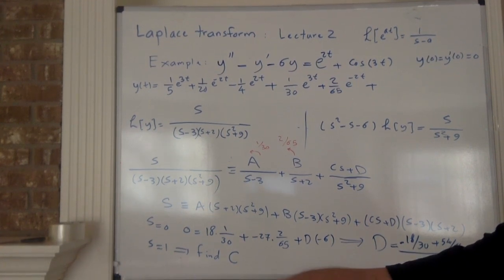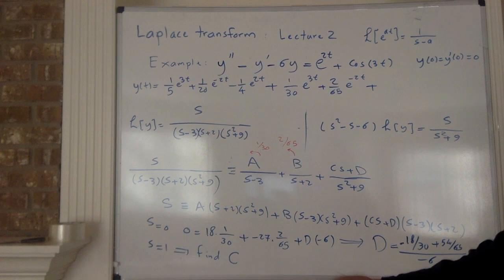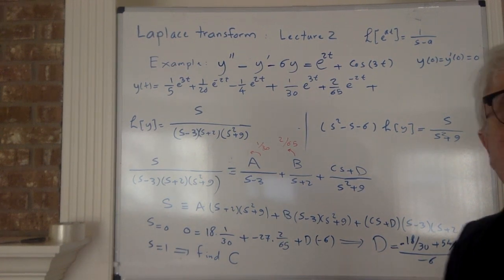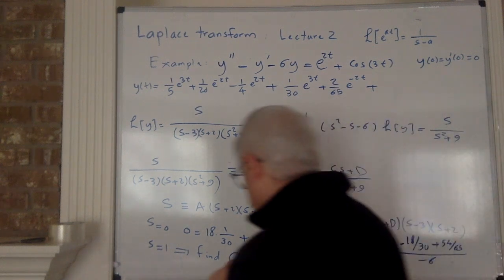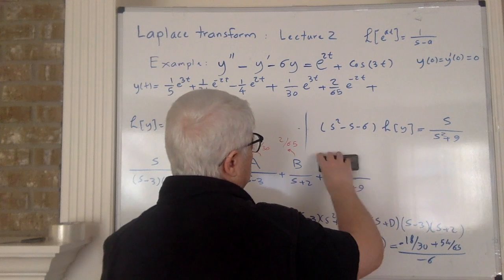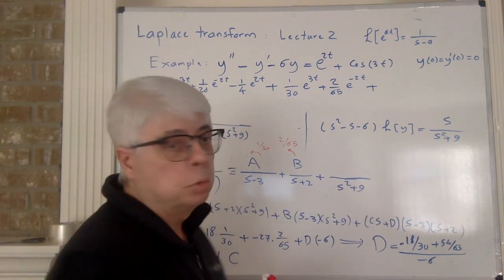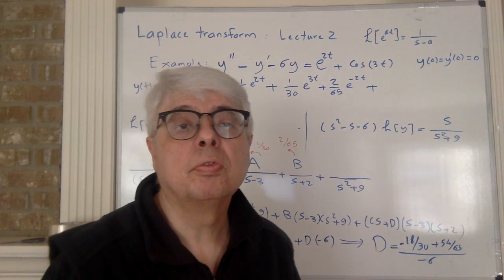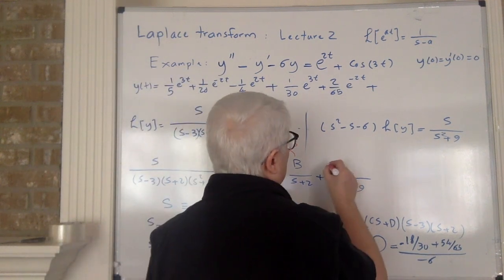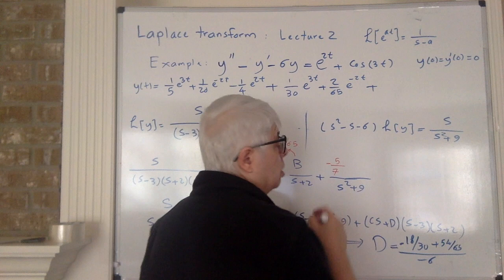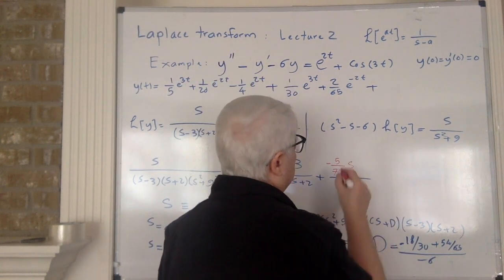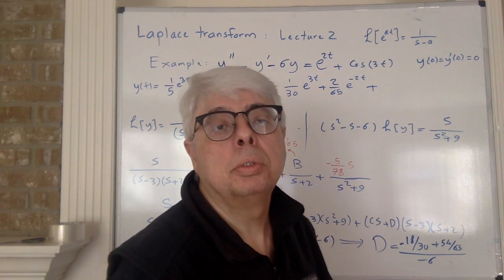Sorry, I was going to make a big mistake. So 1 over 30, 2 over 65 is correct. So this will be, let me write it here, those two are correct. And then that is minus 5 over 78 s minus 3 over 78.